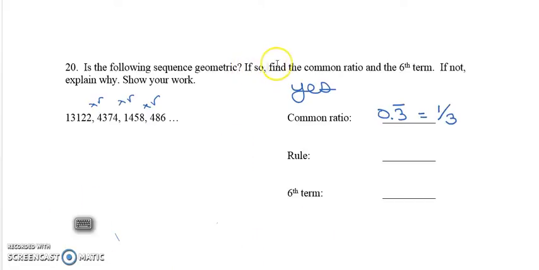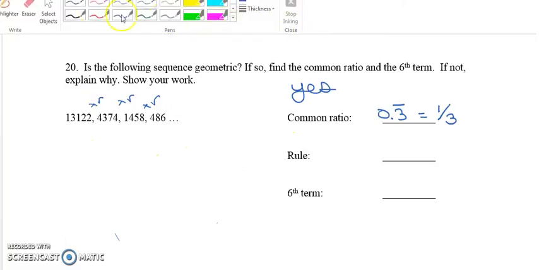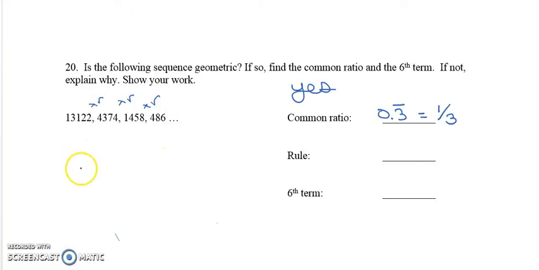Okay, the next part in the directions says, if so, find the common ratio and the sixth term. We already found the common ratio. So to find the sixth term, we've got to find the rule or the equation for this geometric sequence. So remember the form for a geometric sequence.